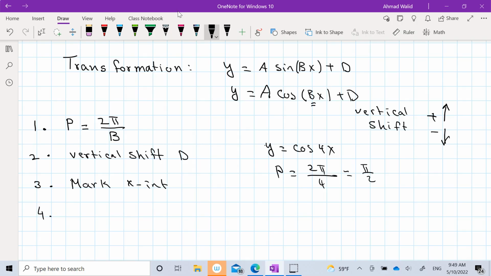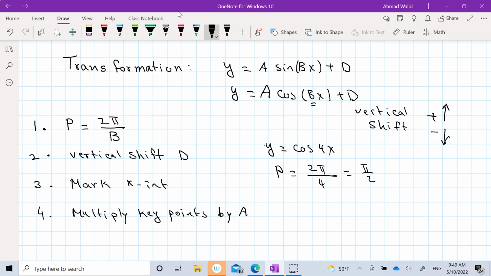And step number 4, multiply key points by A. Now, it gives you the new key points, right?